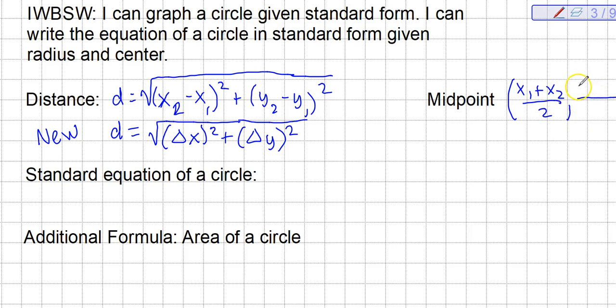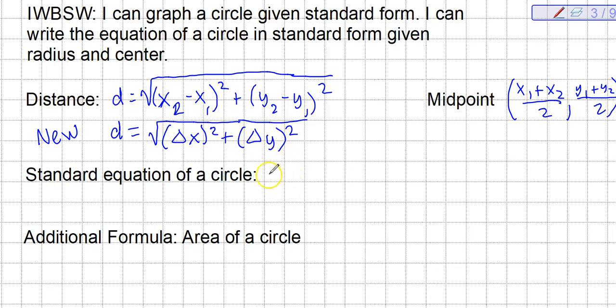It's not a delta, not delta x, because it's a sum of x, not a difference of x. It's just an average. Just find your endpoints, add them together, cut it in half. Find the midpoint. So there are the 2 formulas that come from linear equations that you'll be using.